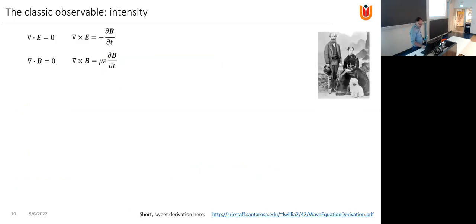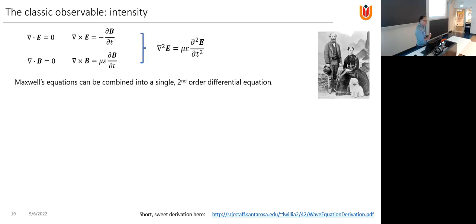The set of equations can be combined into a single second-order differential equation for, let's say, the electric field. On the left-hand side of that equation is double differentiation with respect to spatial coordinates. On the right-hand side is twice differentiation with respect to time, and these material properties are again in there.